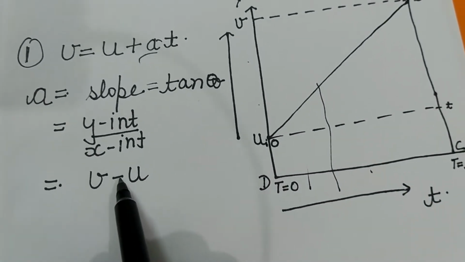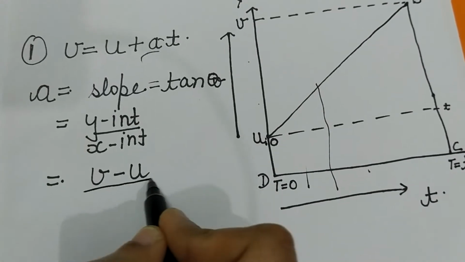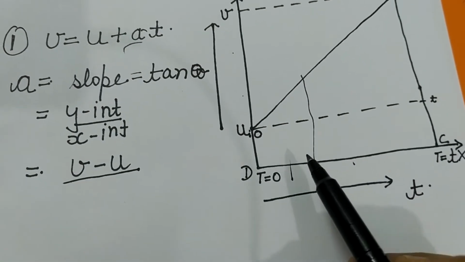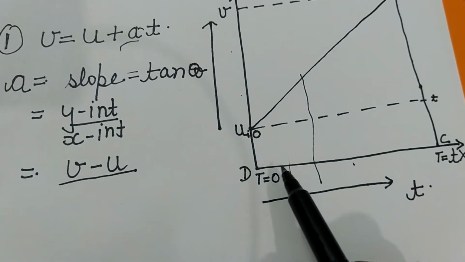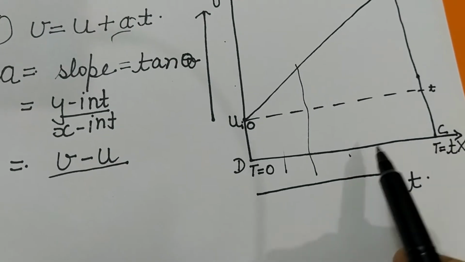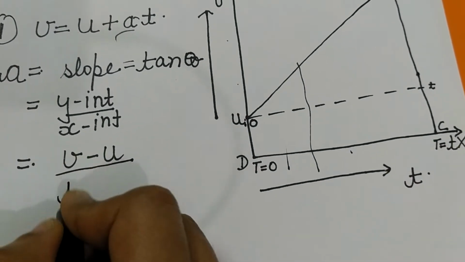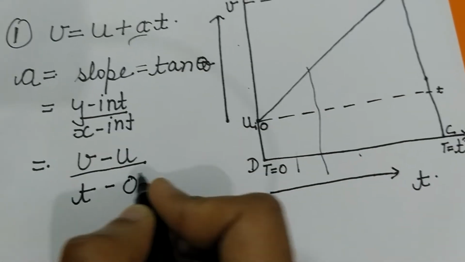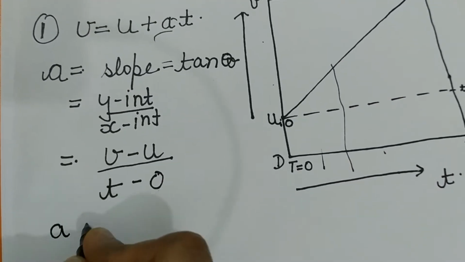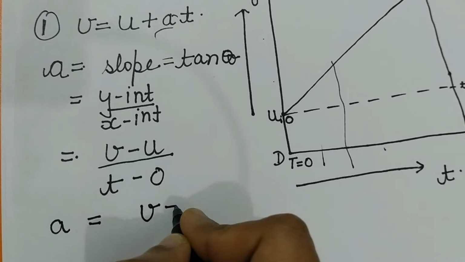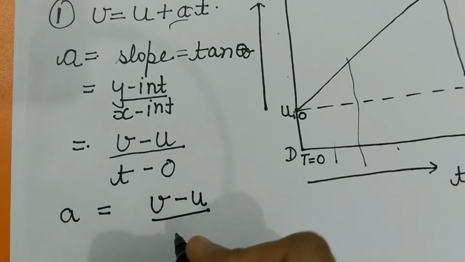And this x-intercept is represented by the time axis, and we can write it as t minus 0. So a is equal to v minus u upon t.